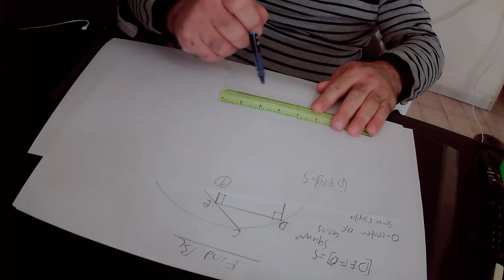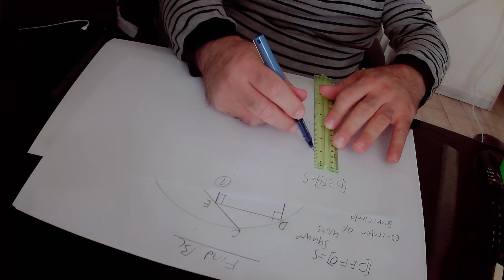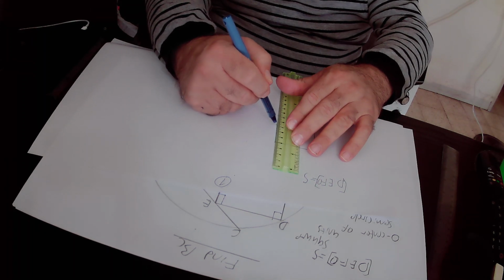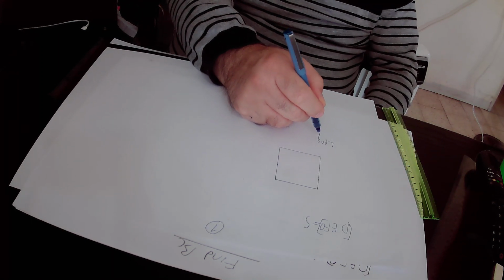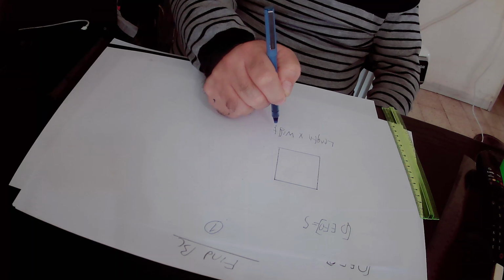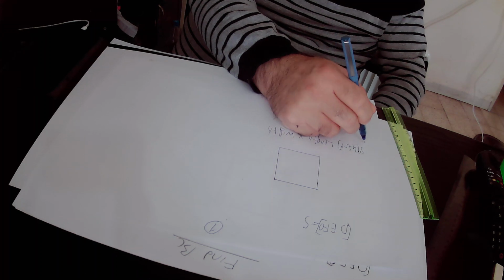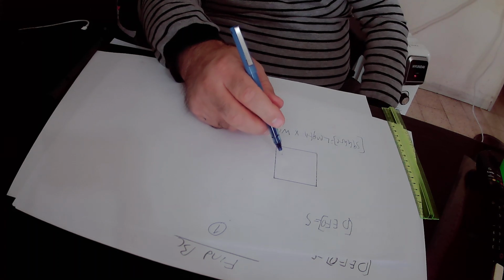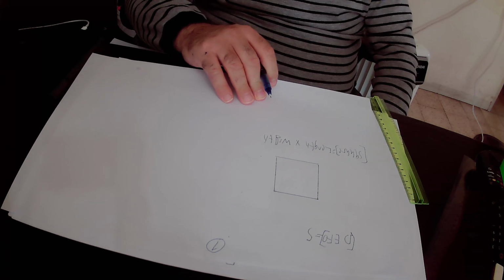And we know that the area of any square equals the length of the square times the width. This is the area of this square. The length times the width, but because the length equals the width, we know that all the sides of the square are equal to each other.